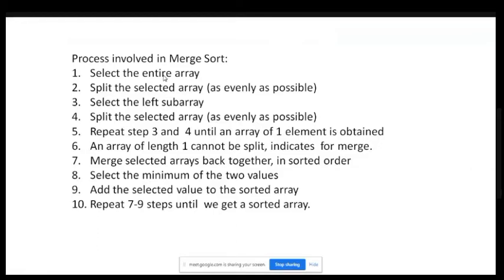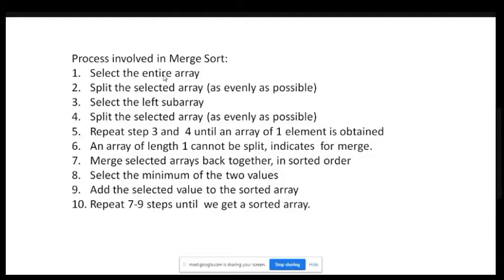So this is the stepwise process I have given you of how merge sort takes place. First, you select the entire array of elements given as input. Split the selected array. If it is an even number of elements, it will be easy for us to divide it into two equal halves.